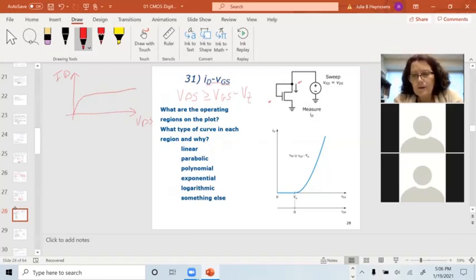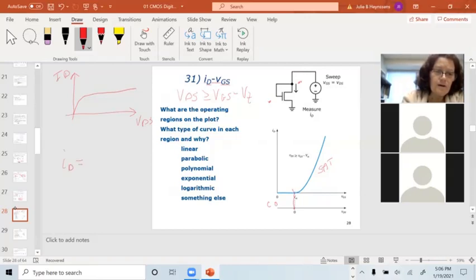Right here, if we have VGS less than VT, we're in cutoff. And right here, we're going directly into saturation. There's no triode in this curve because VDS is always greater than VGS minus VT. We look at the current equation in saturation.